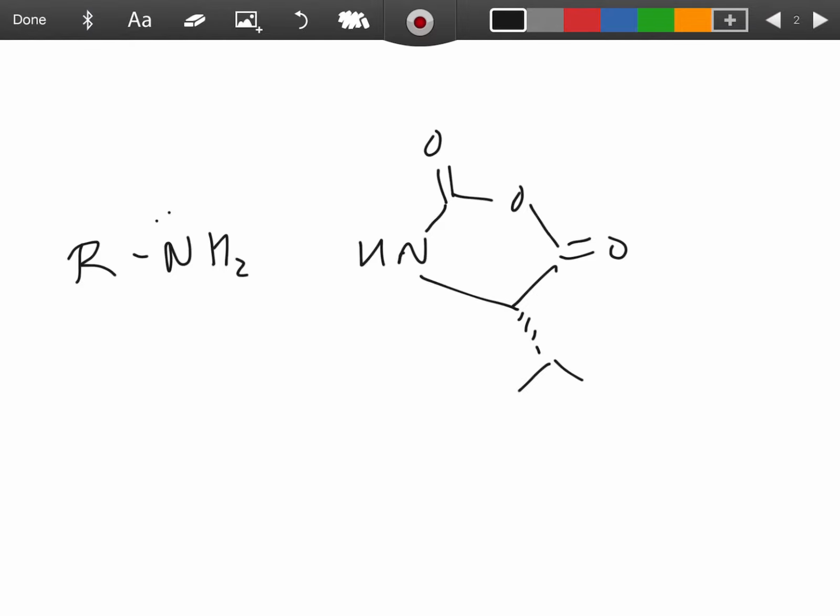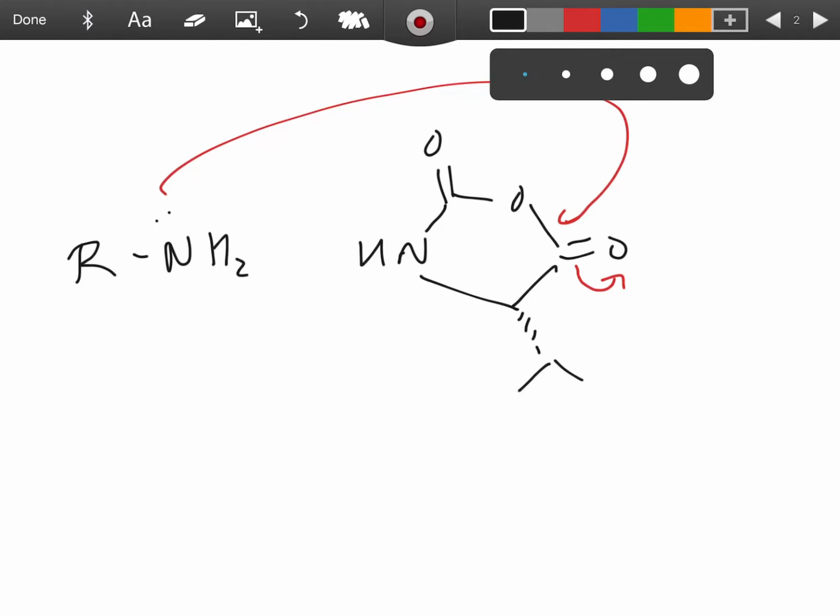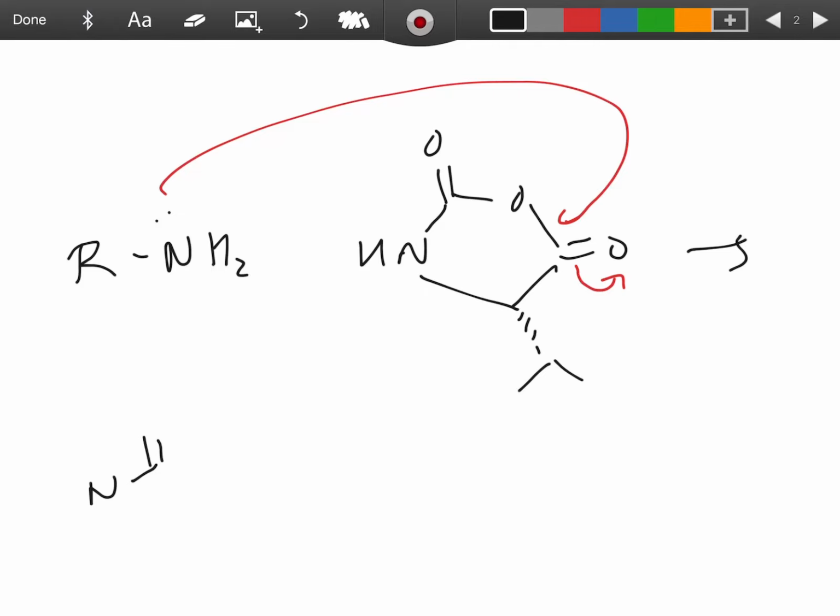So this is going to add to this carbon. This is going to come up. All right, and you get a really ugly 5-membered ring. I apologize to all 5-membered rings. I apologize to your people.